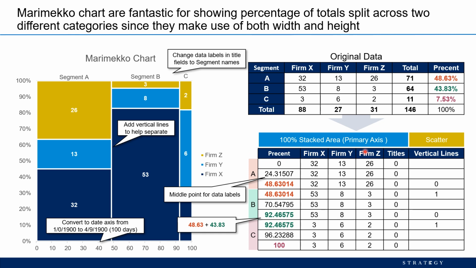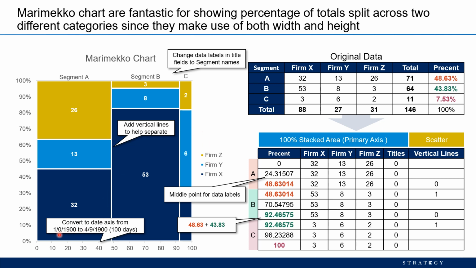You're going to use a stacked area chart to make this, and then once you have a stacked area chart, you are going to convert the axis to a date axis. This will make the lines drop, and give it the block format that you see rather than more of a mountain format that's standard with stacked areas.